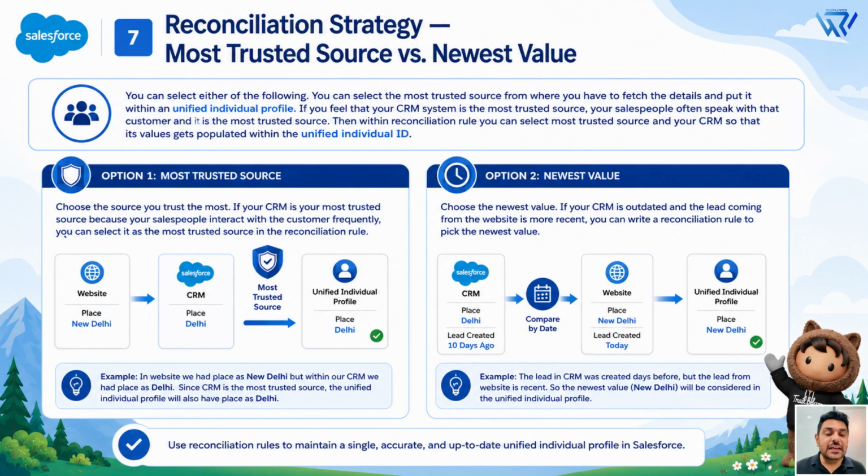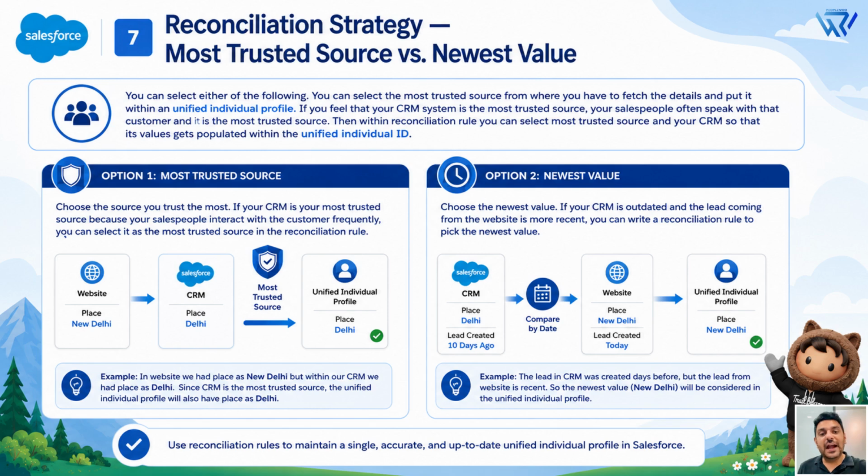You can select either of the following. You can select the most trusted source from where you have to fetch the details and put it within the unified individual profile. If you feel that your CRM system is the most trusted source, because your salespeople often speak with that customer, then within the reconciliation rule, you can select most trusted source as your CRM so that its values get populated within the unified individual ID.